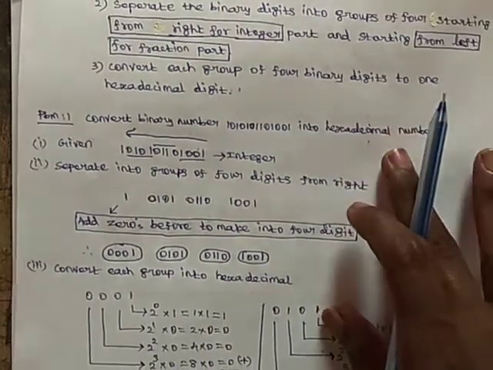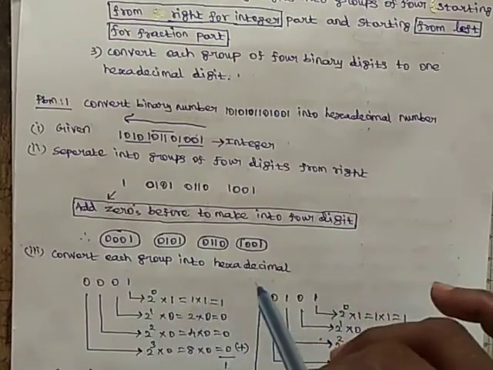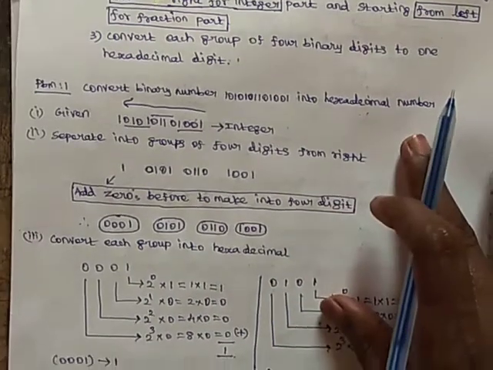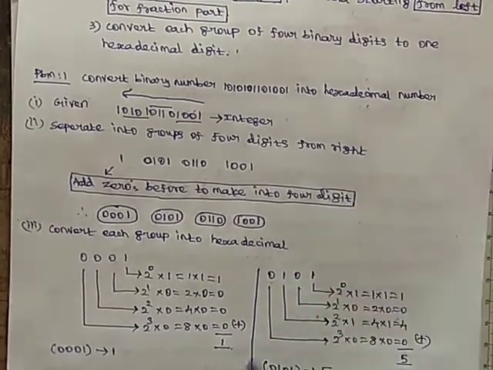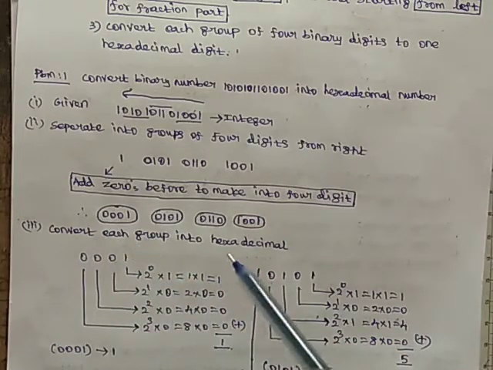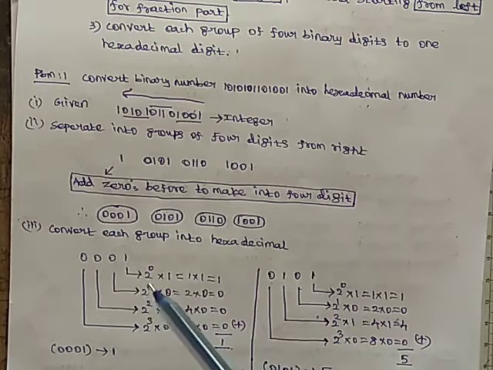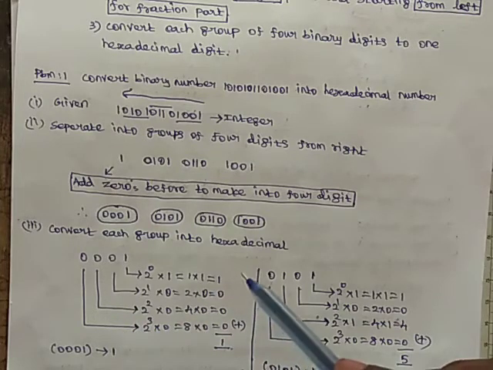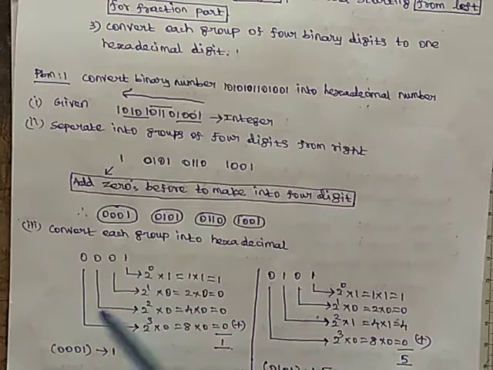Then we convert each group into its corresponding hexadecimal. Consider the first group, 0001. To convert into hexadecimal, we follow the rule: 2 power 0, 2 power 1, 2 power 2, 2 power 3, that is the multiply by powers of 2 rule. So 2 power 0 into 1, here 2 power 1, here 2 power 2, here 2 power 3. Then we add, so it results in 1. So this group corresponds to the hexadecimal number 1.